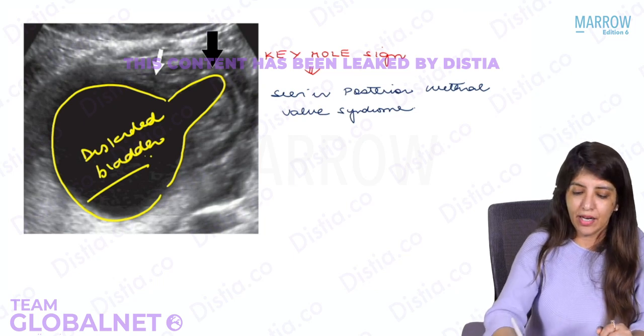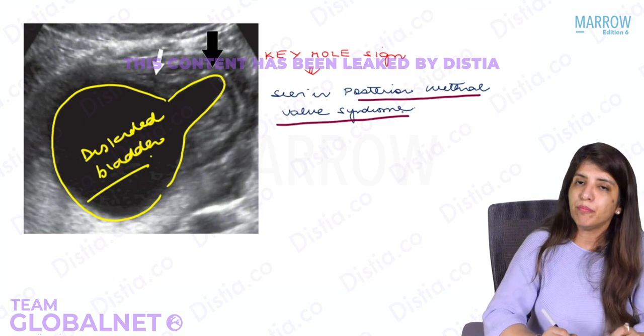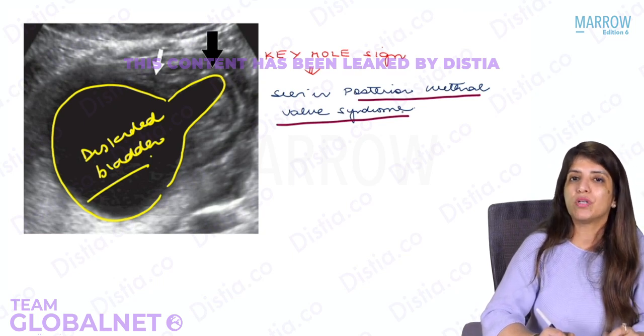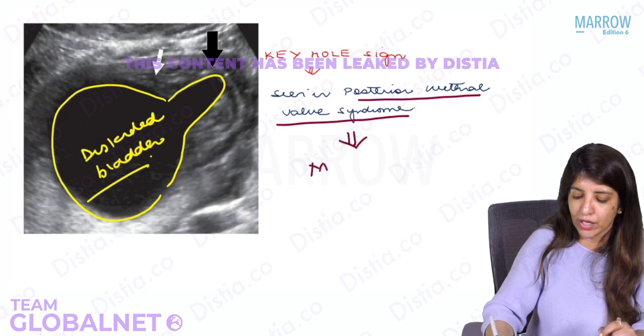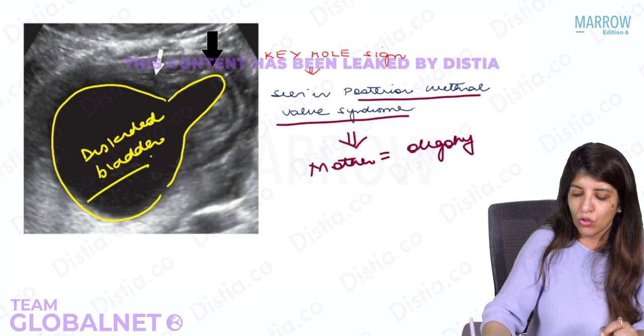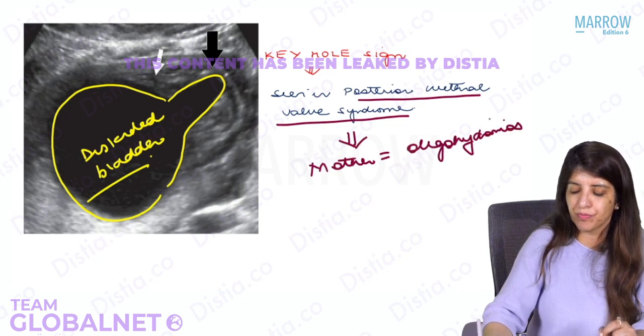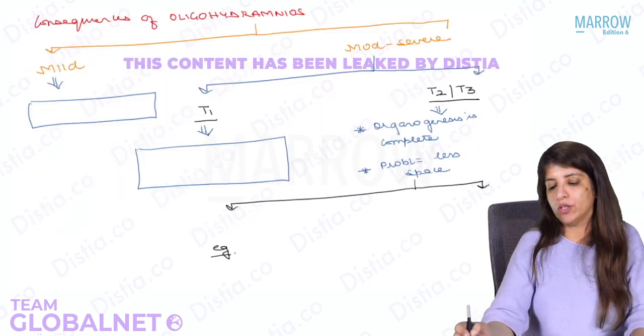And this is seen in posterior urethral valve syndrome. In posterior urethral valve syndrome, you get a keyhole sign on ultrasound. And in the mother, what are you going to get? In the mother, you are going to get oligohydramnios. Clear?